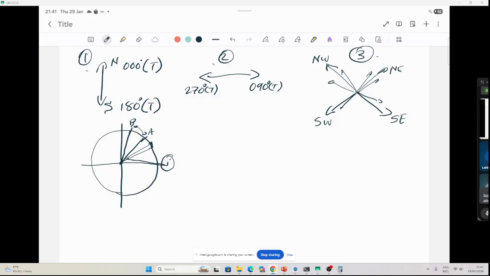Okay, let's assume that you are traveling from A to B, 10 degrees north to 20 degrees north. How many degrees in between? 10 degrees. And that is equal to how many minutes? 10 degrees equals how many minutes?